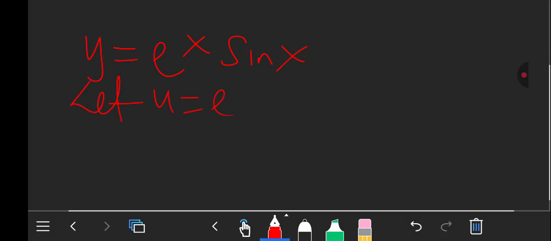Let u be equal to e to the power x, then our v be equal to sin x, isn't it? So let's now differentiate. U prime, the derivative of e to the power x, we mentioned that it is just e to the power x. Then the derivative of sin x, so v prime, we mentioned that it is cos x.